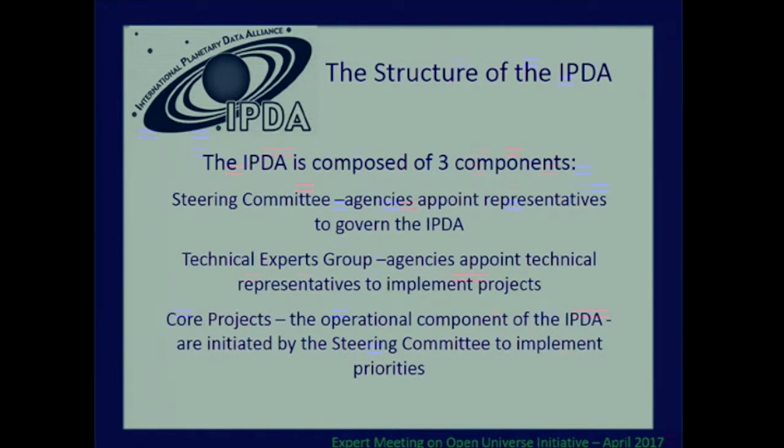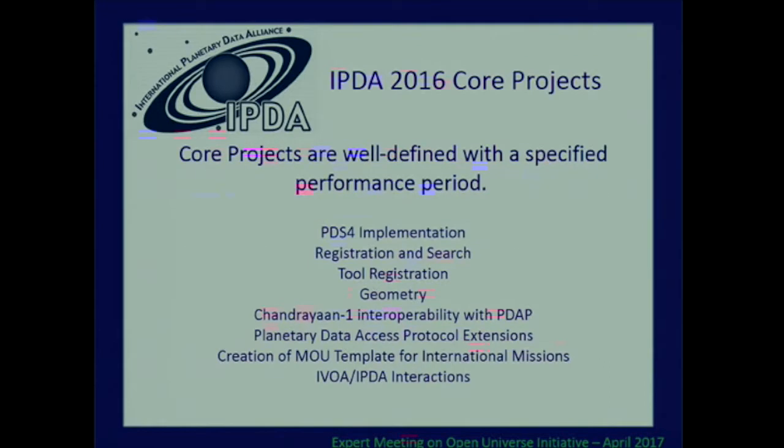Then the technical expert group, which is again composed of members appointed by the agencies, and the one implementing the projects defined by the steering committee. And then the core projects, which are really the projects defined and developed during the lifetime of the organization.